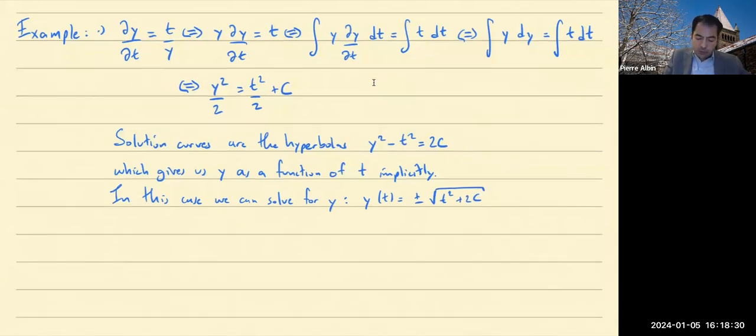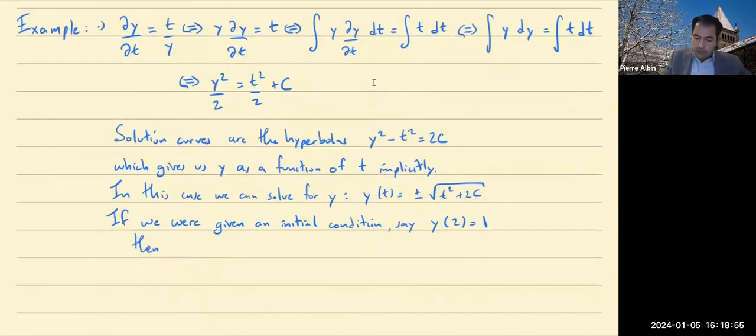And so, for example, let's suppose we were given an initial condition. Say we were told that y of 2 is equal to 1. Then, plugging this in, this is telling us that y of 2 is 1, but we know that y of t is equal to this, so that would be plus or minus square root of 2 squared plus 2 times c.